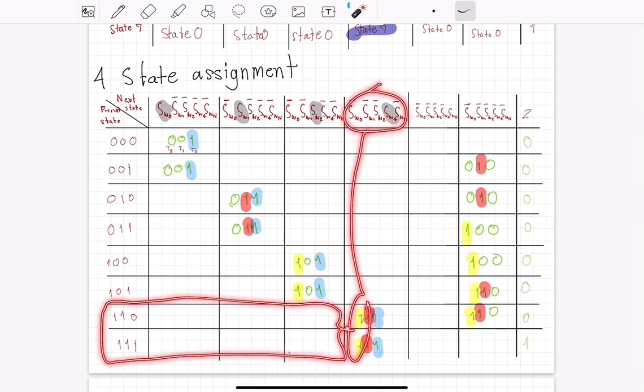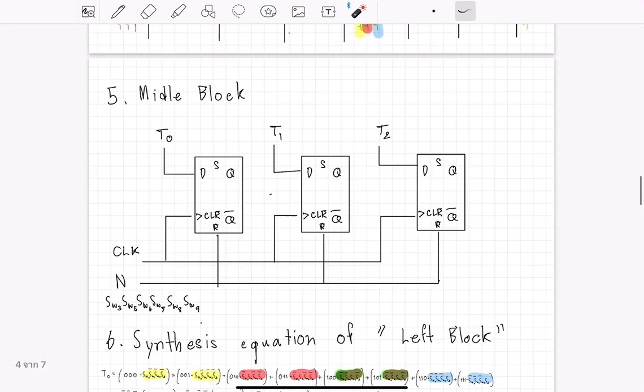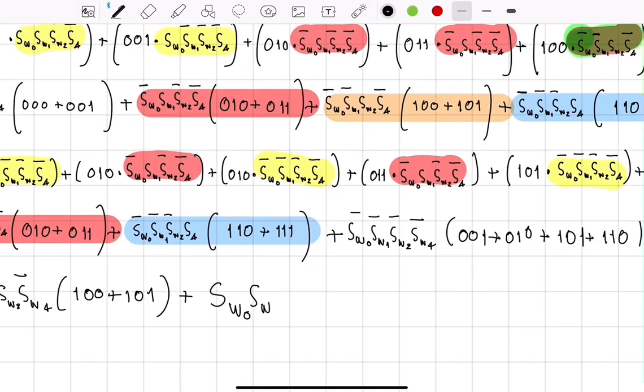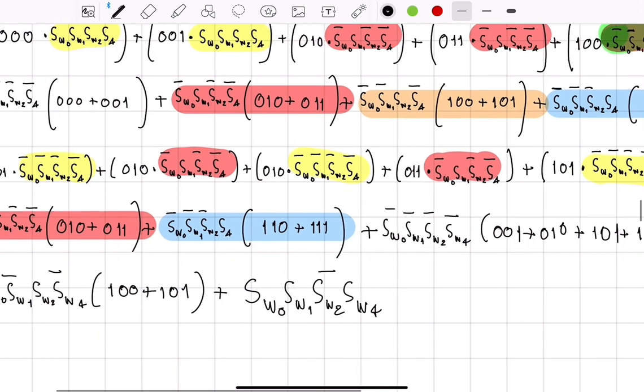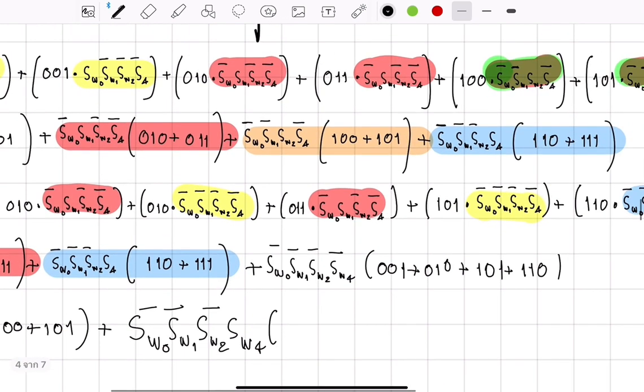Alright, next state switch for leaving state, present states 1 1 0 and 1 1 1. Alright, switch 4 and 1 1 1 0, push 1 1 1.